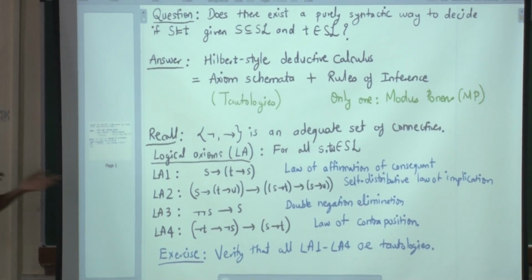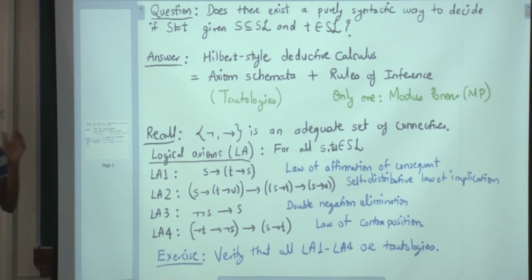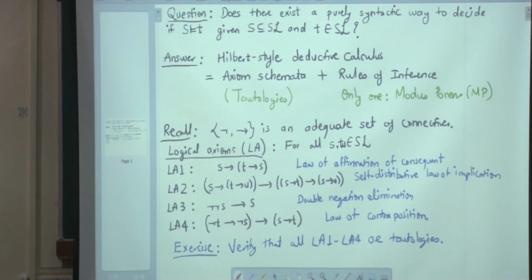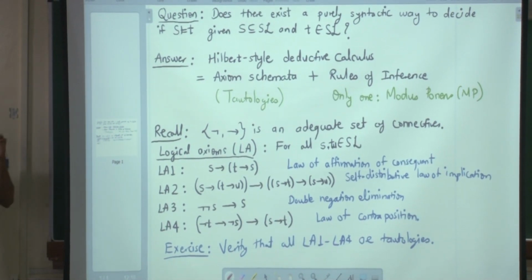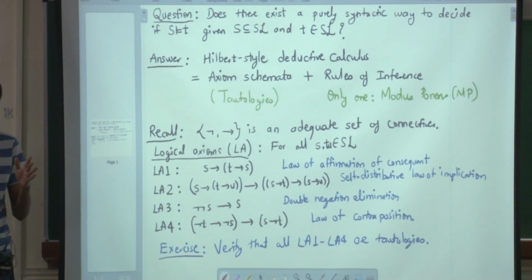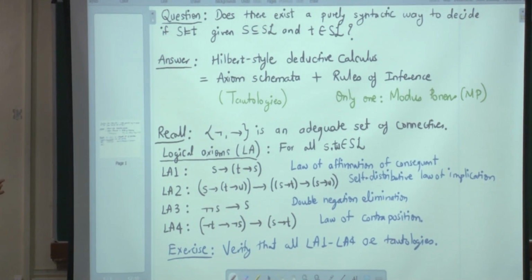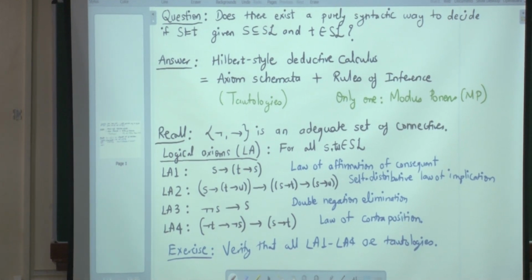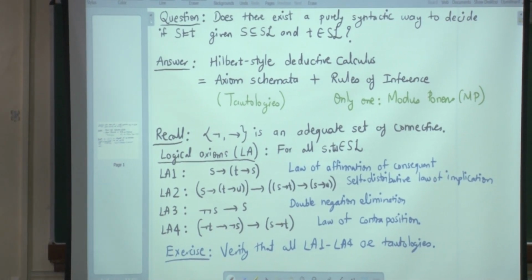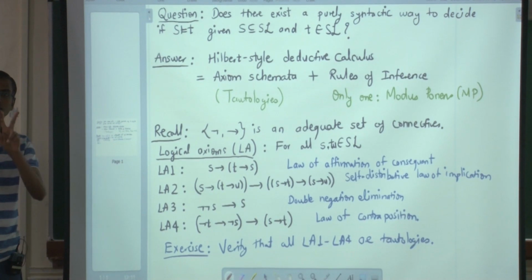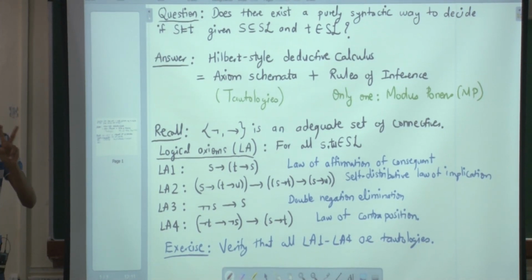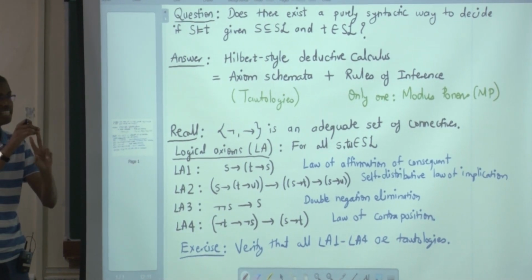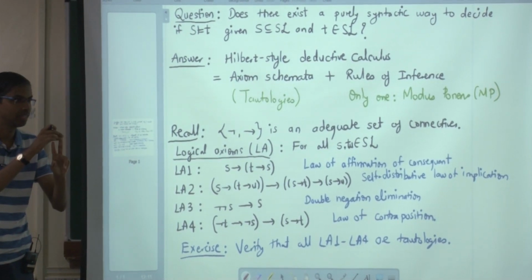But how to use these things? Once we have these ingredients, how to use them? We are going to use induction to construct a formal proof. And in that induction there will be two basic steps. First one is base cases. First one is a logical axiom. The second one is a non-logical axiom.